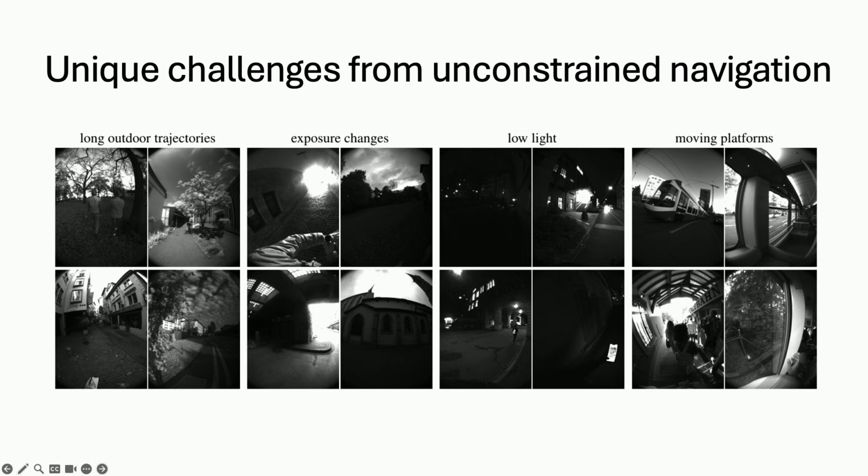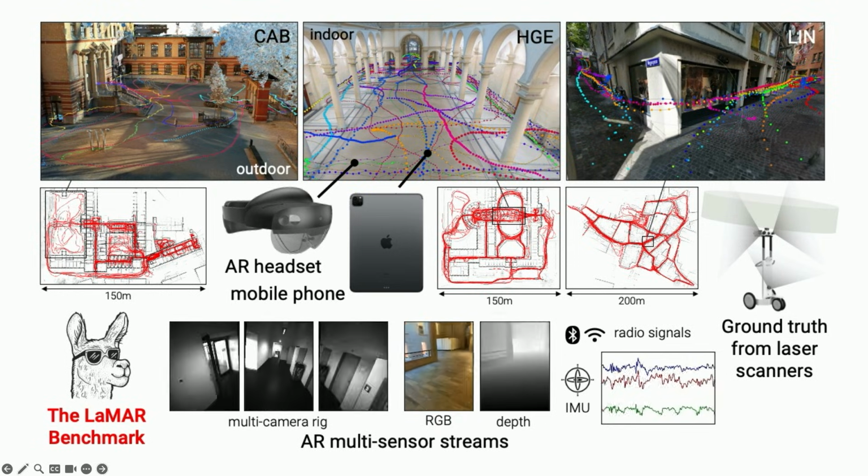On top of it, there are also low light scenarios where the noise becomes significant and the detection and tracking becomes more challenging compared to normal circumstances. And finally, we also include moving platforms, where in such cases there is a high inconsistency between the visual signal and the inertial signals. And this requires some specialized modeling to get the system to work.